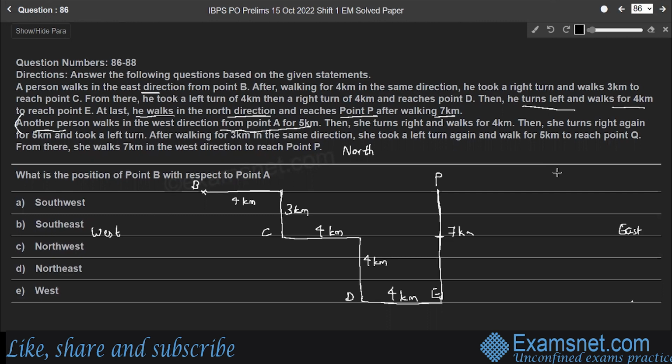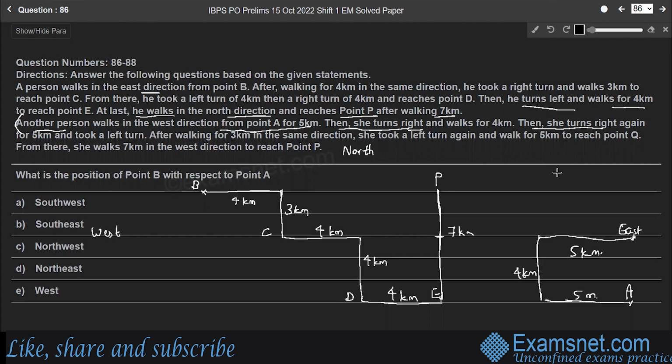He walks in the west direction, somewhere here, and he walks for 5 kilometers in the west direction from point A. Then she turns right and walks for 4 kilometers. Then she turns right again and walks for 5 kilometers. Up to here, she walks.